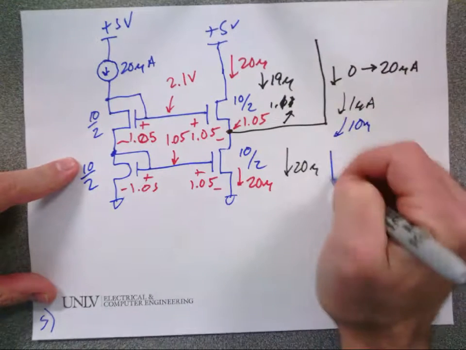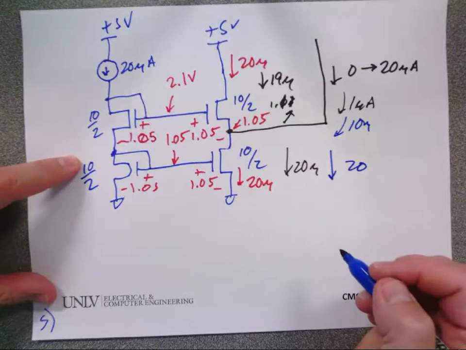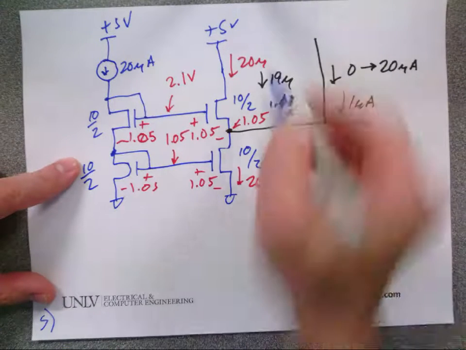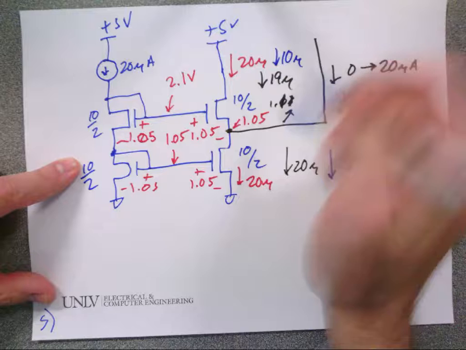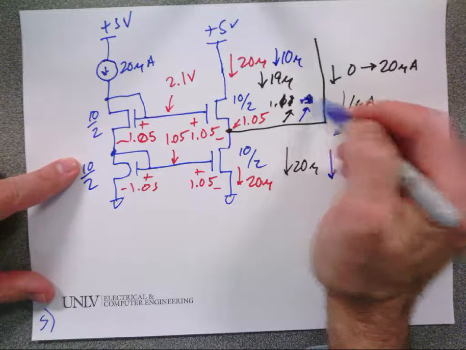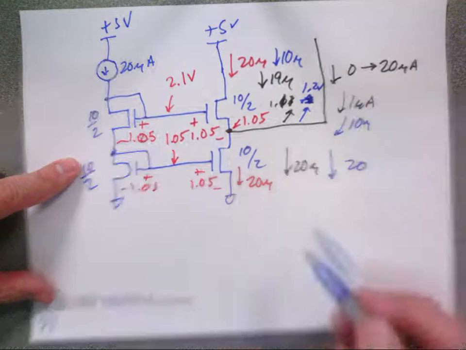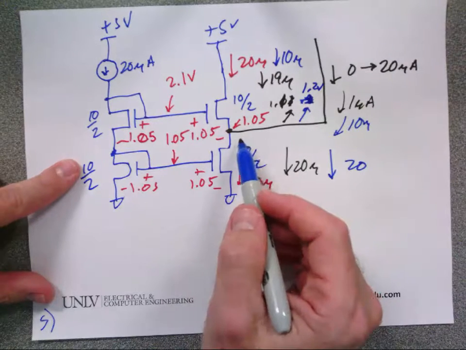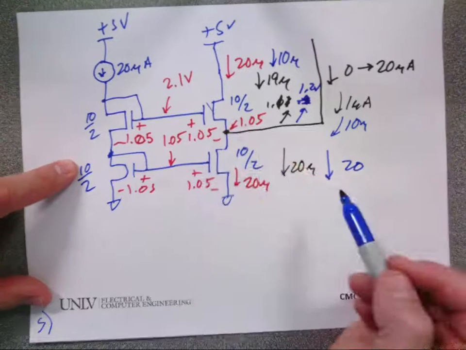And if I go to 10 microamps, well, this still stays 20. This one goes to 10. And this pressure goes up to, say, 0.9, oops, I'm getting ahead of myself again, 1.2 volts. So then 2.1 minus 1.2 is 0.9 and shuts us off even further.